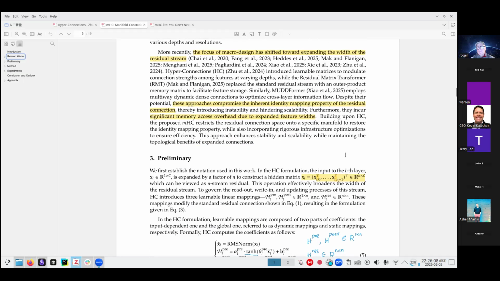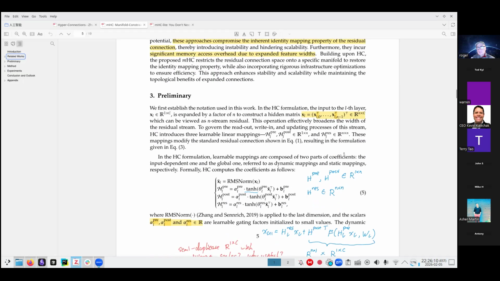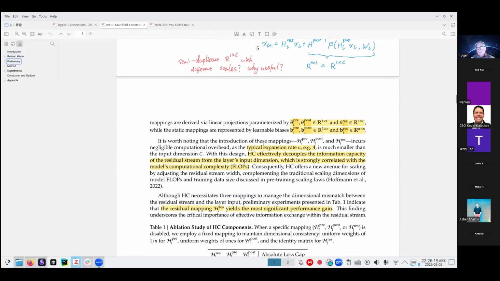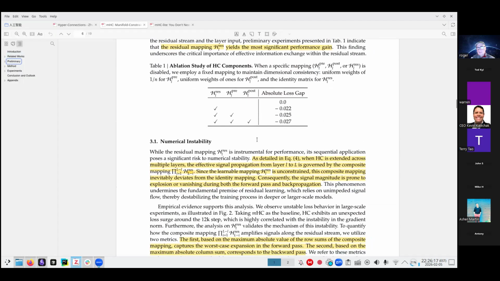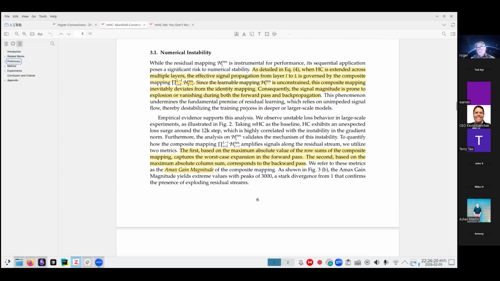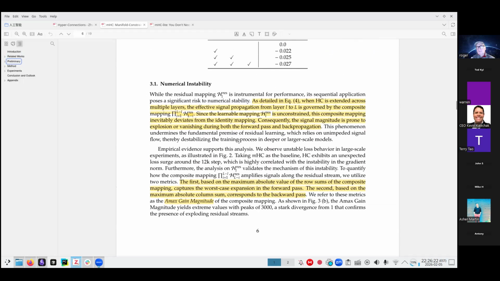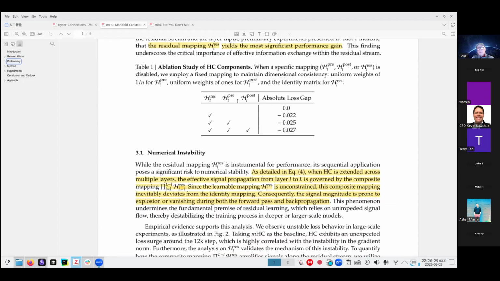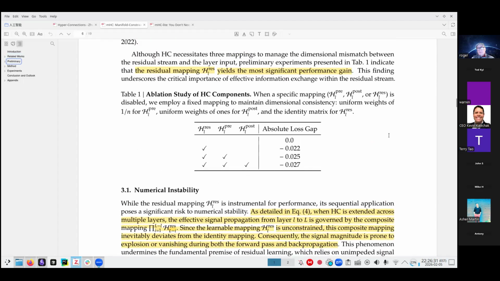Preliminary. This is just the hyperconnection formula. Numerical instability. So Terry, if you could pause on that table right there, the ablation table. Yeah, this one. Okay. So this is an important table, I think, because in the hyperconnections paper, I had a little trouble understanding their terminology, and I actually like the way this paper organized it.